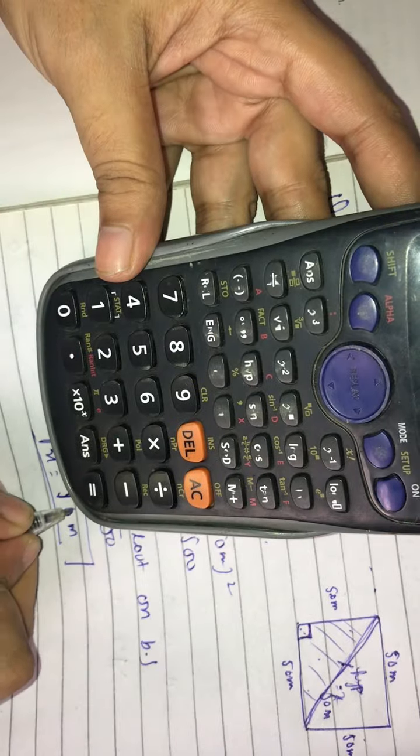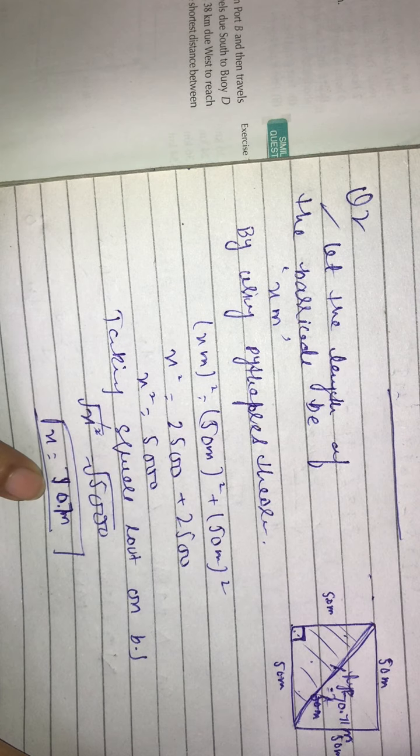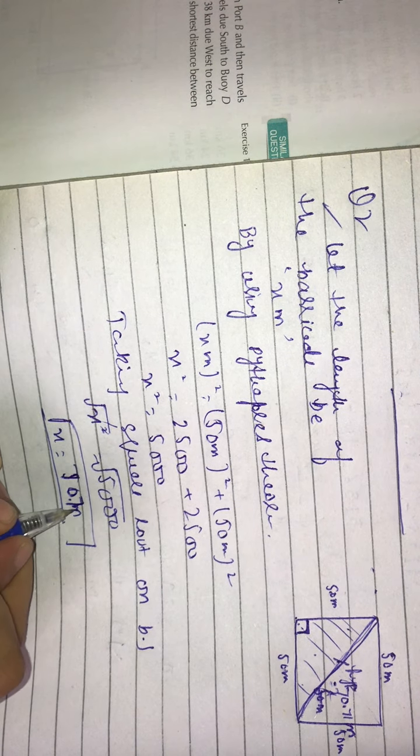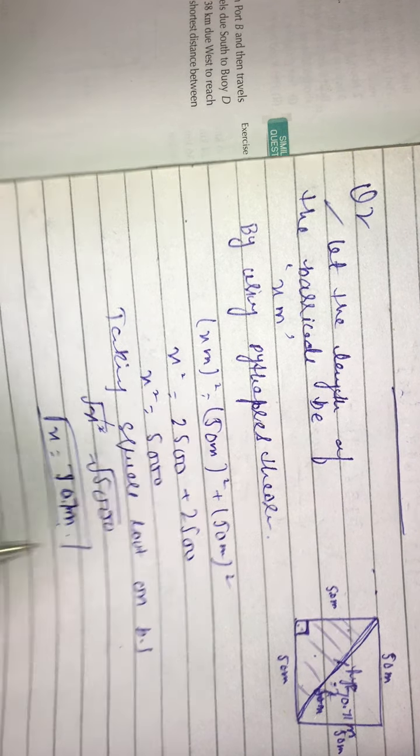When we take the square root of 5,000, we get 70.71. It means the value of the hypotenuse is 70.71 meters. Got it? We get the length of the barricade, the length of the hypotenuse, as 70.7 meters. Got it?